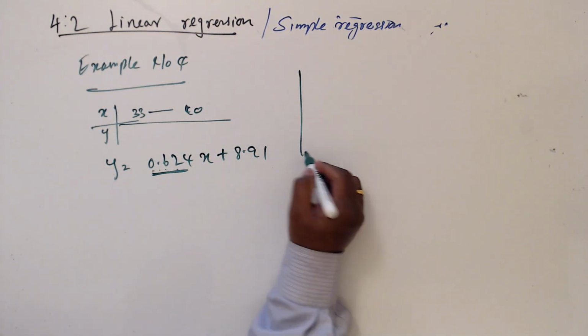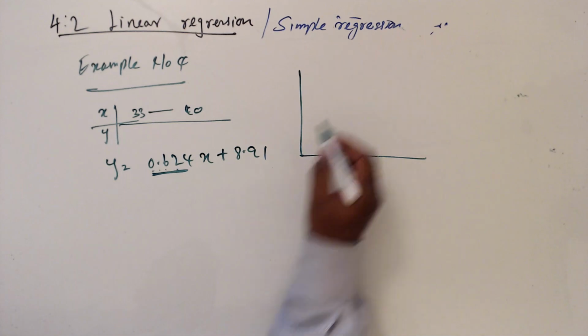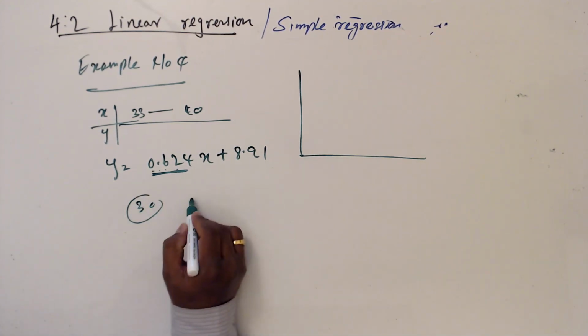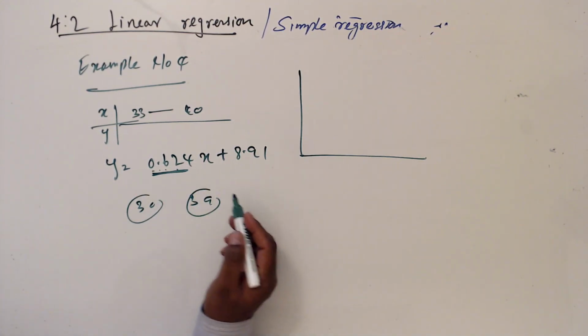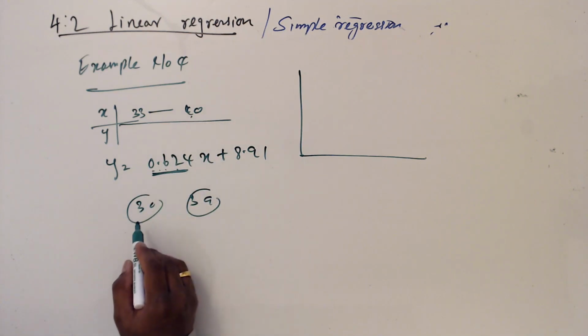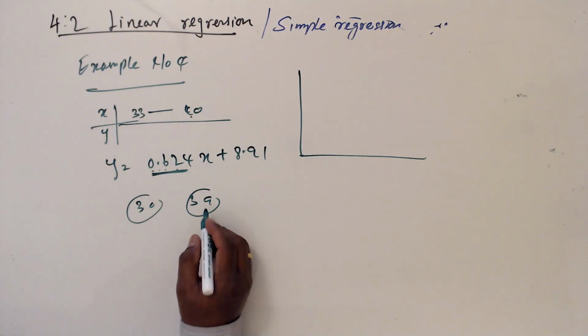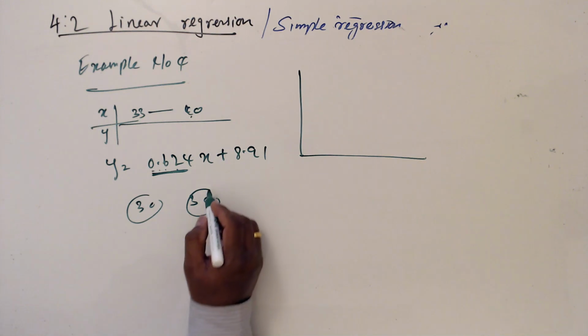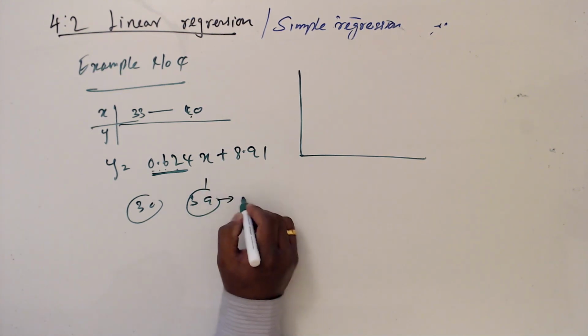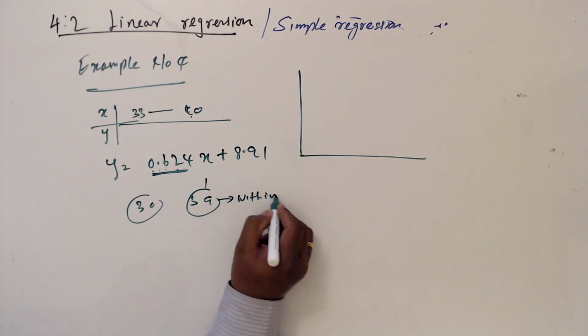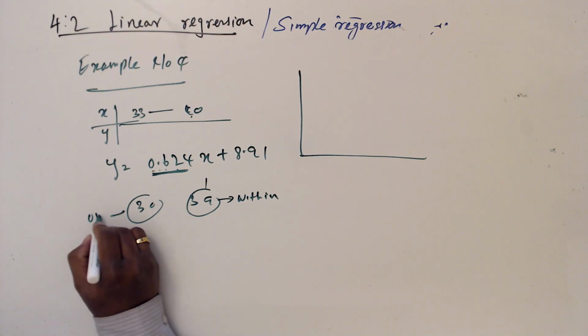So from this graph, 30 and 39, when you look at the minimum and the maximum, 39 is within the range, and 30 is out.